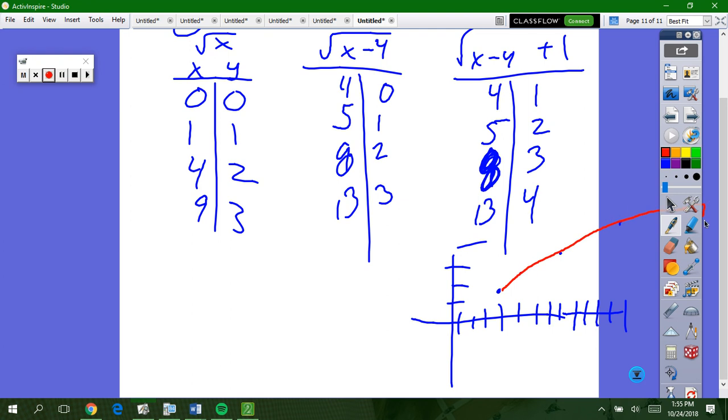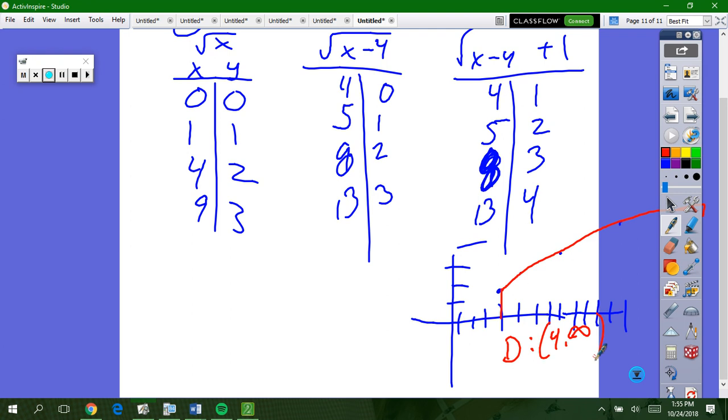Okay. What's our domain? It is not 0 to 1. Oh, wait. 4, isn't it? Everybody see how we started at 4 and we're going to infinity?